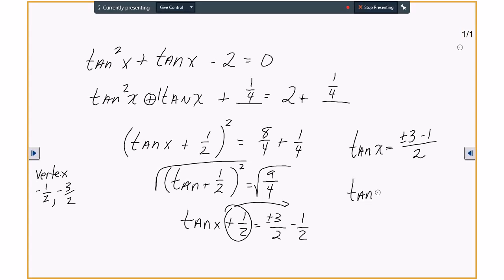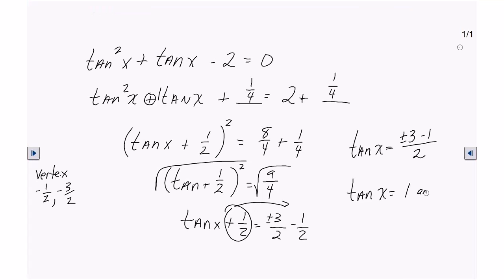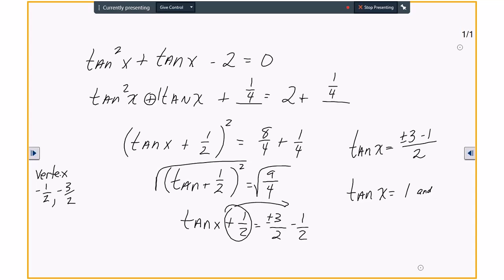The tangent of x is equal to, what's 3 minus 1? 2/2 is 1. And negative 3 minus 1 is what? Negative 4, Hubert. Negative 4 divided by 2 is negative 2.